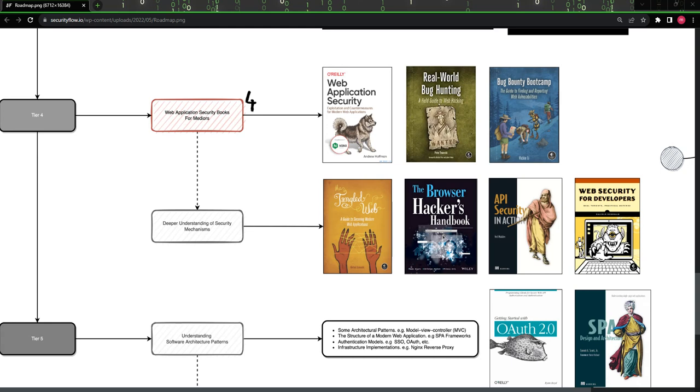Okay, and the next step is deeper understanding of security mechanisms. The books discussed above are mostly into offensive aspects of application security.